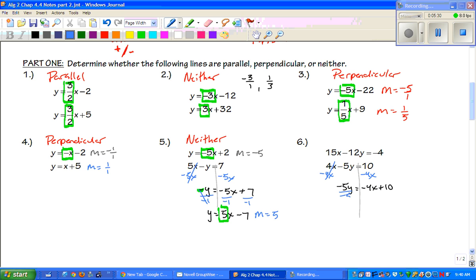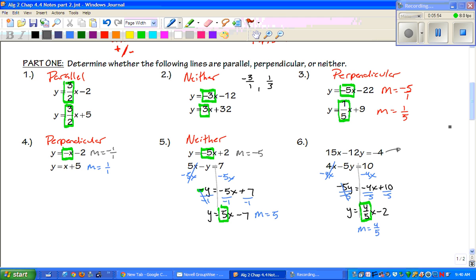To get the y by itself, we divide by negative 5, and we get y equals 4 over 5x minus 2. And our slope is 4/5. Okay, just so we remember, there's our slope.